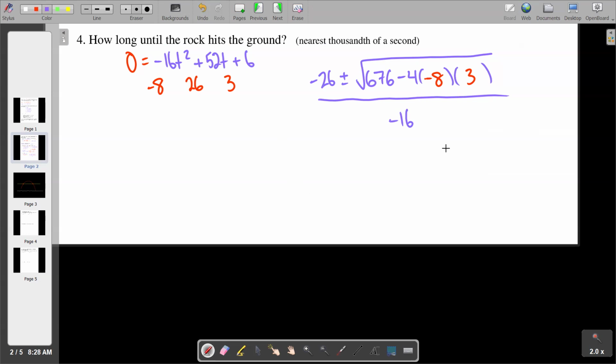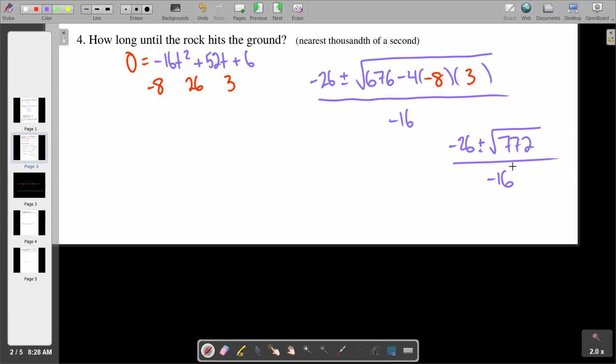So the answer right now, in a not so meaningful way, is -26 plus or minus the square root of 772, all divided by -16. Let's get some feelers on the square root of 772.